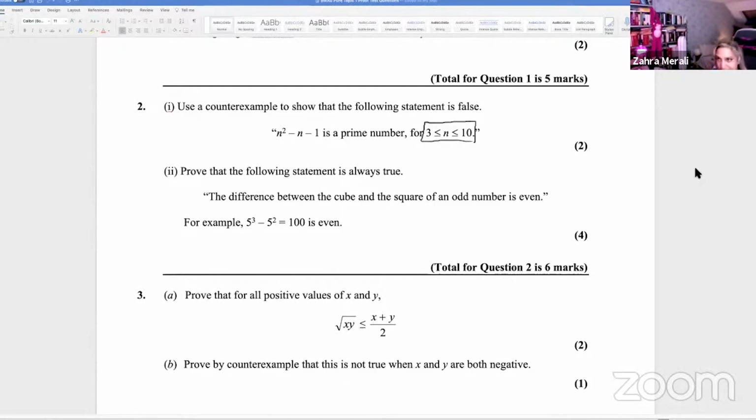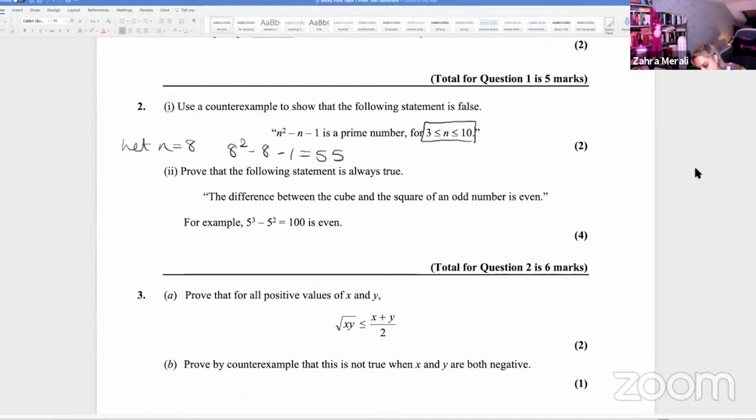Let's try 4. 4 squared is 16. Minus 4 minus 1 gives me 11. It's also a prime number. So you can go through this process, plug in your calculator, use the equation button in the calculator. Doesn't matter how you do it. And you end up finding that when you get to let n equal 8, you get 8 squared minus 8 minus 1 gives you 55.